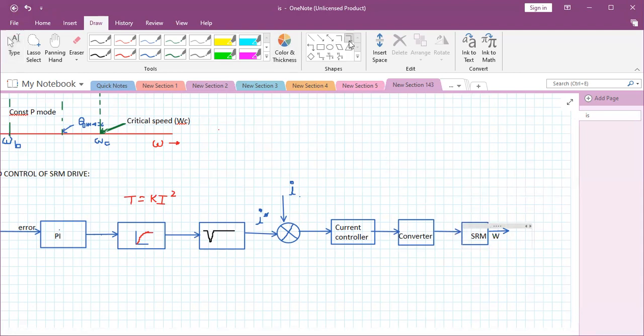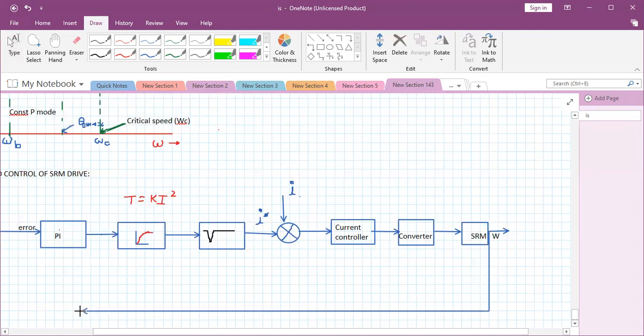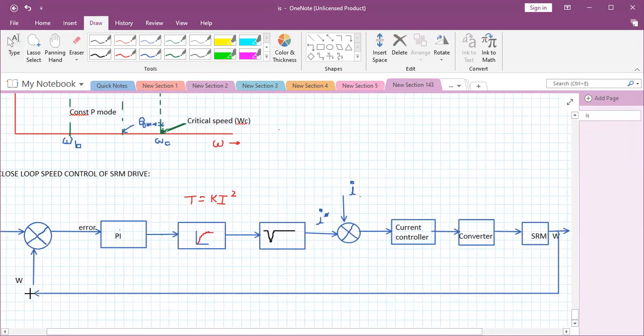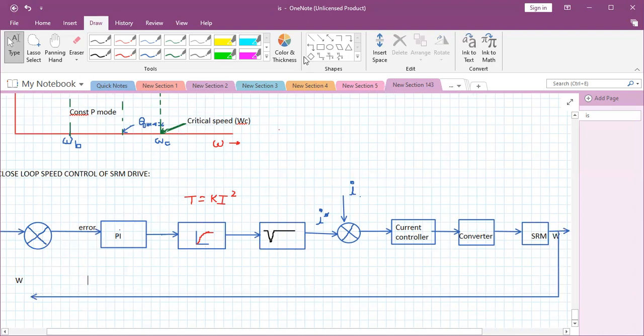Now this speed is fed back to the controller. Just a minute, wait for 2 to 3 minutes.